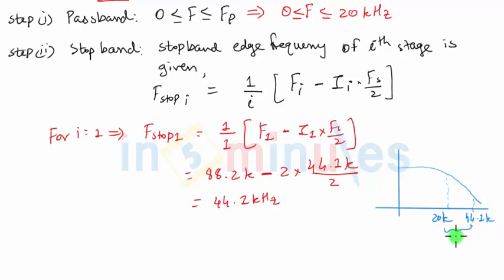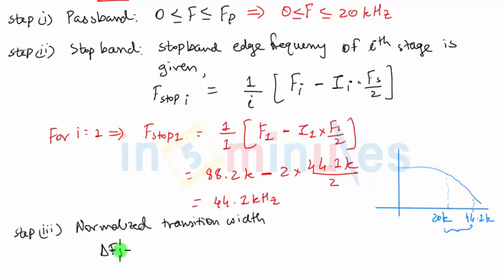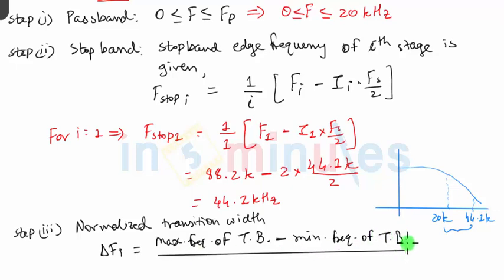In between the two, we have nothing but the transition width. So this is what we will do in step 3 now. In the next step, we will calculate the normalized transition width, which is delta fi. It will be a similar formula: the maximum frequency of the transition band, TB stands for transition band, minus the minimum frequency of the transition band, divided by the output sampling frequency of that stage.